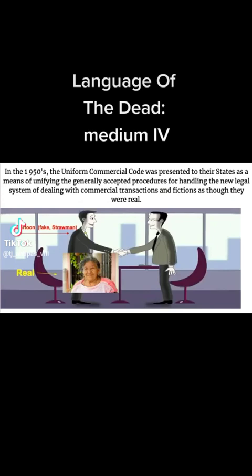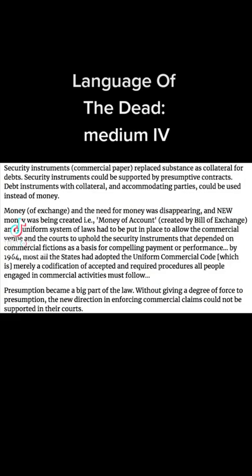In the 1950s, the Uniform Commercial Code was presented to the states as a means of unifying the generally accepted procedures for handling the new legal system of dealing with commercial transactions and fictions as though they were real. Security instruments, commercial paper, replaced substance as collateral for debts. Security instruments could be supported by presumptive contracts.